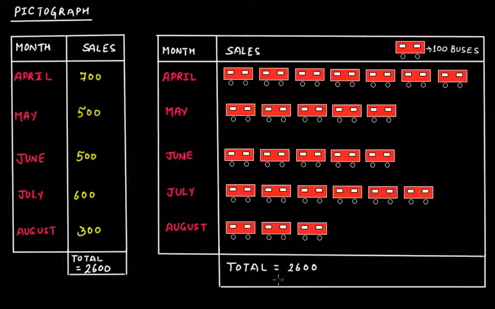Now think, which one is looking better and which one will attract more readers? It's all done to attract readers. Imagine a magazine particularly about business news or economics news.